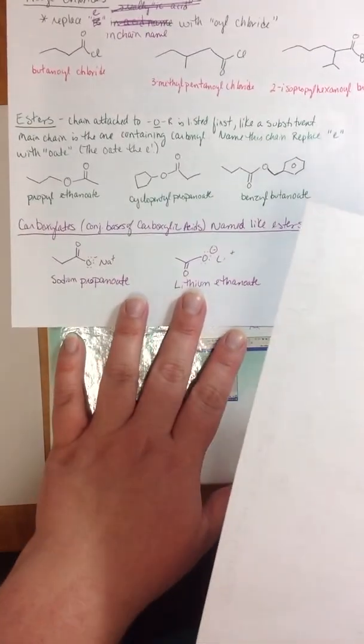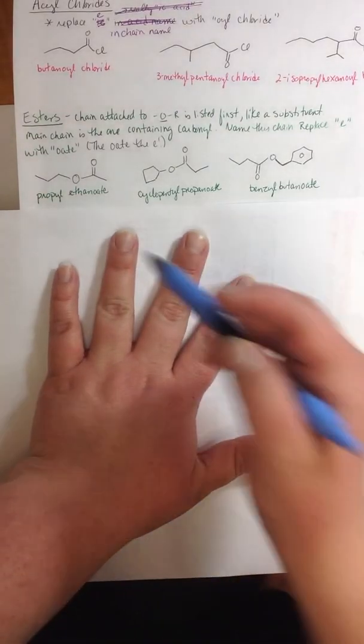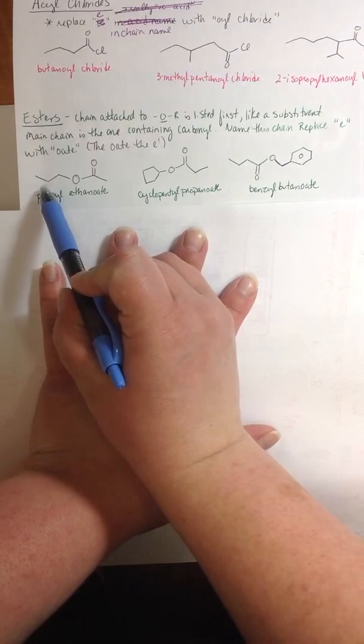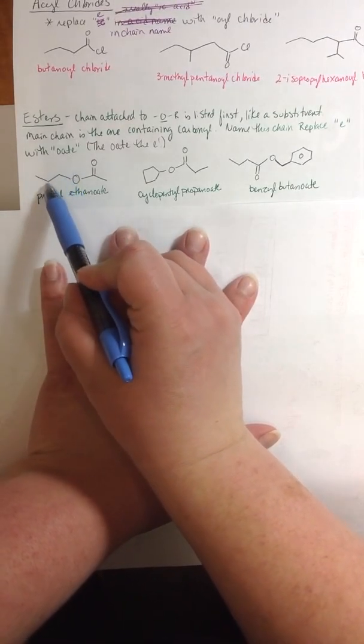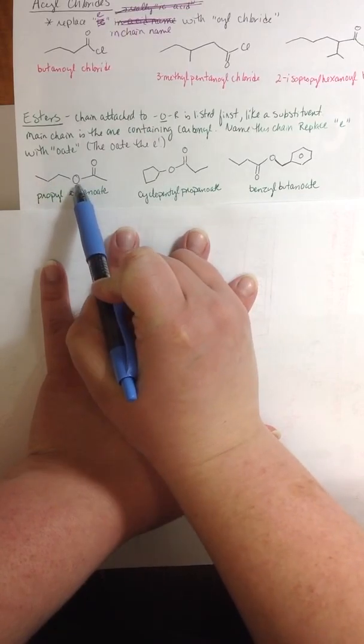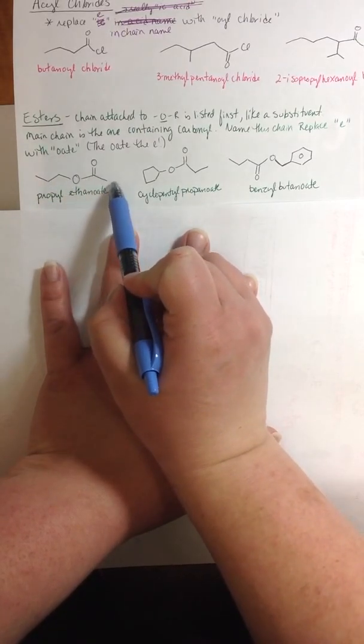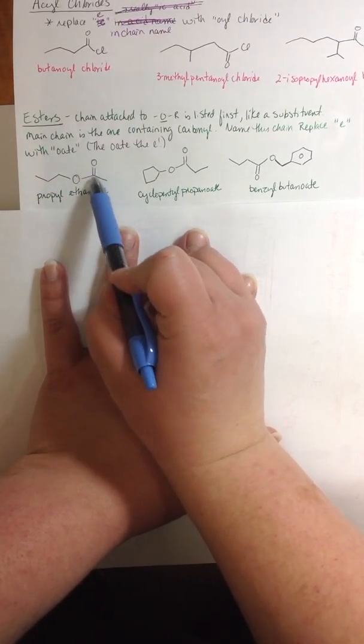Okay, next to esters. These get a little bit more complicated. In an ester, you have a group of carbons that are attached to the oxygen, and then you have the group of carbons that are containing the carbonyl.